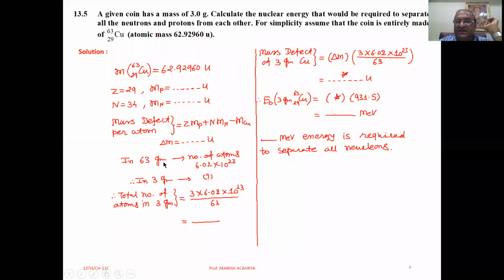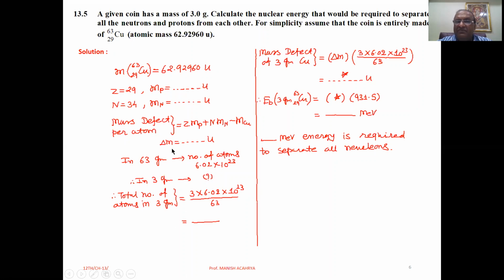So in 63 gram, the number of atoms will be equal to the Avogadro number, 6.02 into 10 raised to 23. Therefore, in 3 gram, how many? So the total number of atoms in 3 gram is 3 into 6.02 into 10 raised to 23 upon 63. So you will get the total number of atoms.